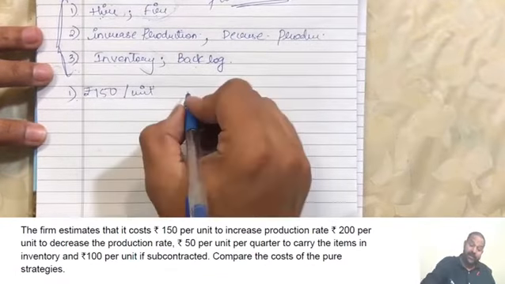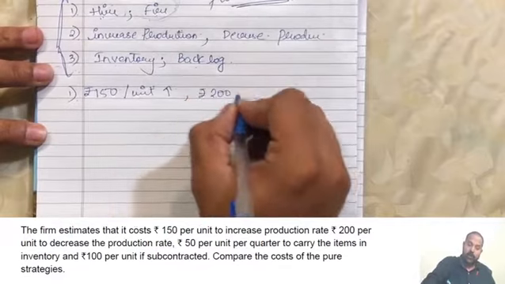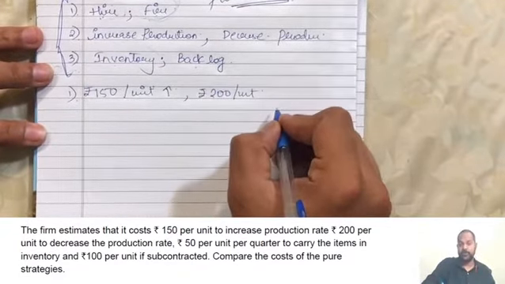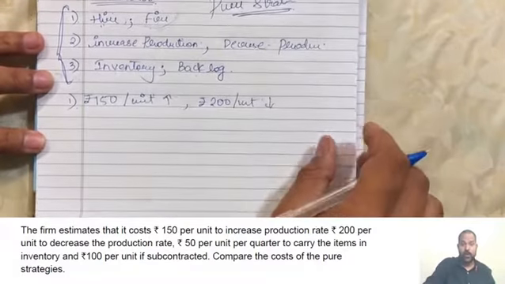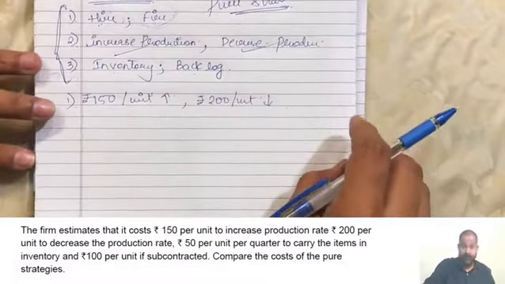Okay. But then you are letting me decrease production also, by rupees 200 per unit. Obviously, if you are allowed to increase production, you are allowed to decrease production. That is one pure strategy.